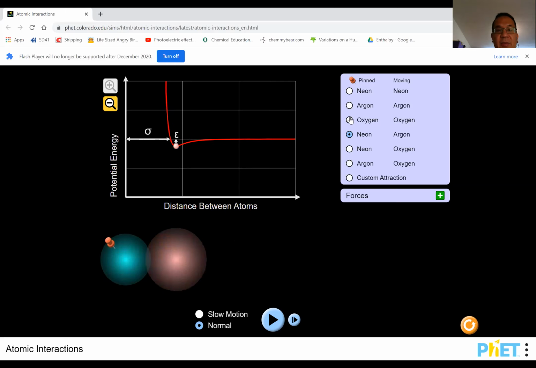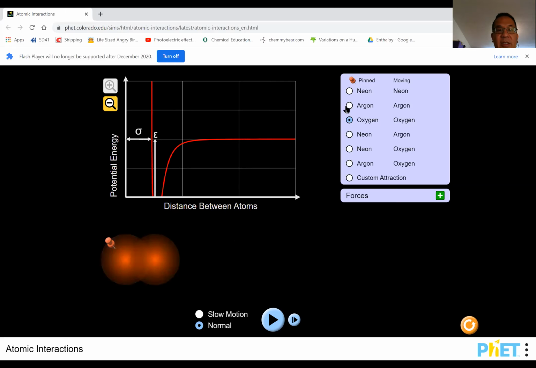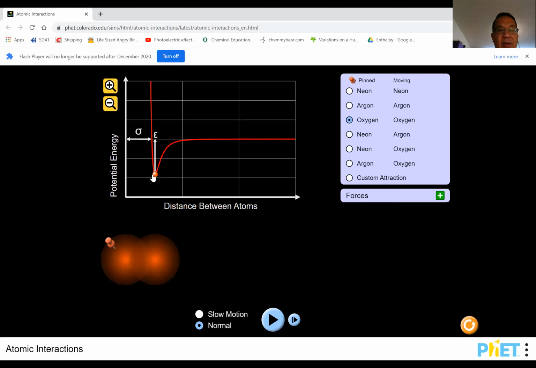So for example, high energy, when they form a bond, it becomes low energy. If I pull it apart, notice it takes energy. So this is why it requires energy to break bonds, and when bonds are formed, energy is released.